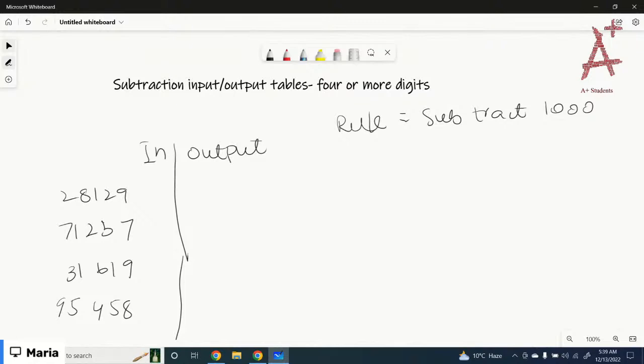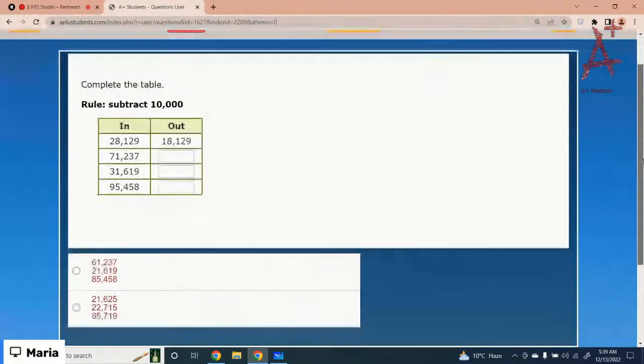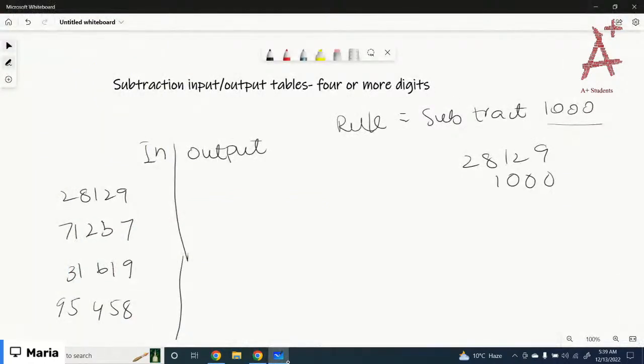So 28,129, you have 1000. Oh, you're given with a 10,000. Sorry, not the 1000. You have to subtract 10,000.